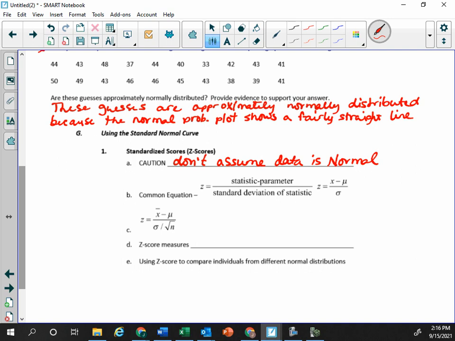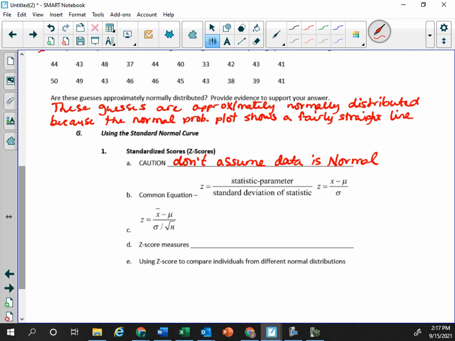If you have a data set that is strongly skewed right, but yet you apply the normal distribution to it, it's not going to work because those characteristics are not going to match up with the data that you have. So the way you find a z-score, the common equation here is statistic minus parameter divided by standard deviation of statistic.